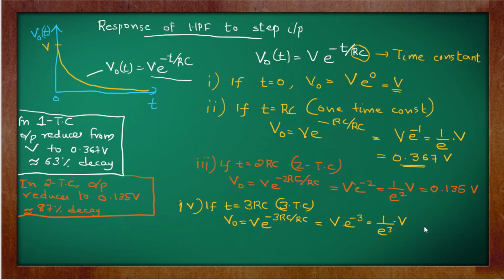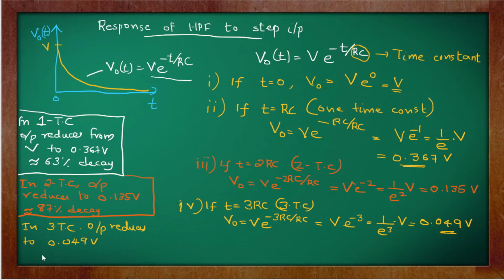If you solve this, you will see that this is approximately equal to 0.049 V. Correct? So in 3 time constants, the output reduces to 0.049 V, approximately 0.05.